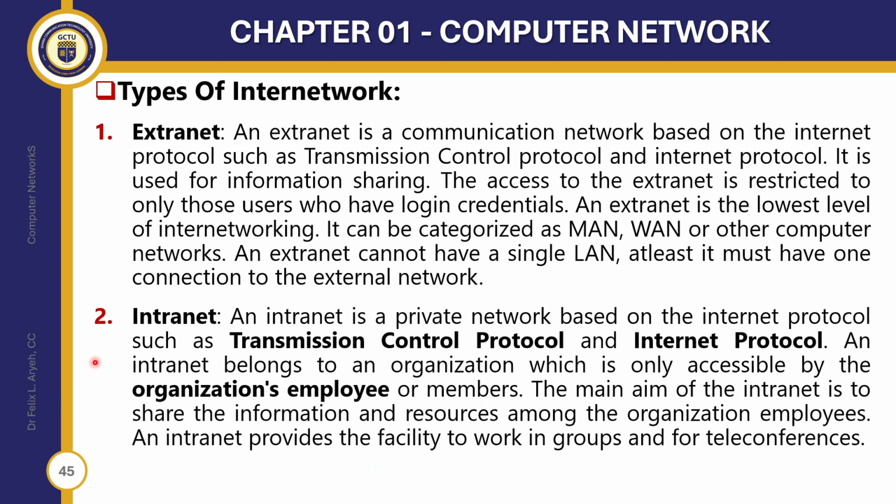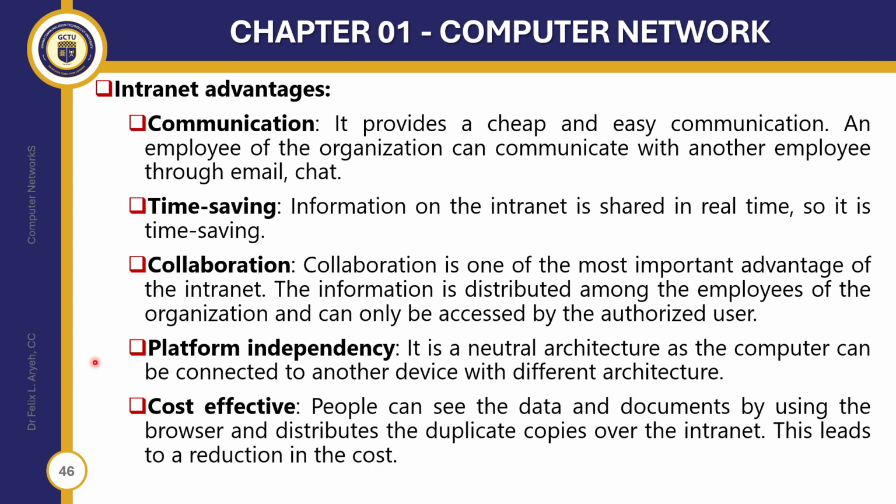Usually GCTU has an intranet on their main campus, and once they connect their local area network via a wide area network to the other campuses, the other campuses can also access the intranet of GCTU. In this case, it becomes an extranet, because at least it has one connection to an external network. So that is it about the extranet and intranet.